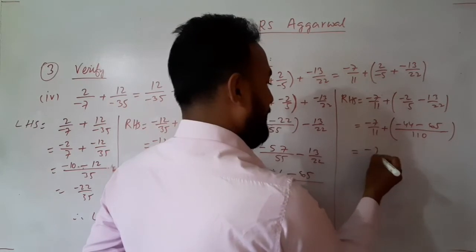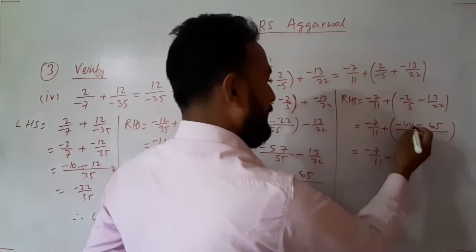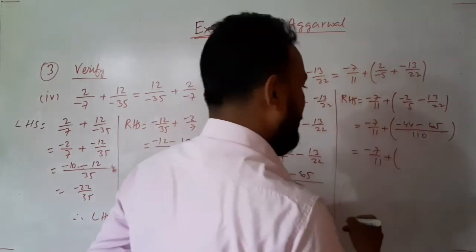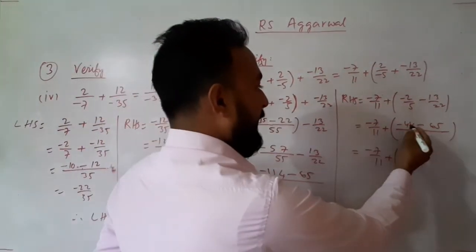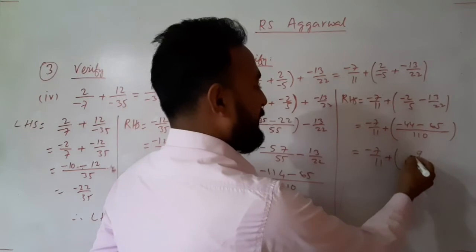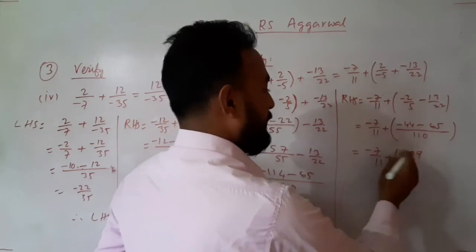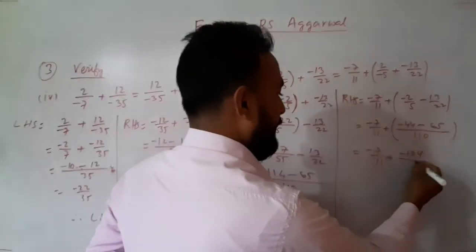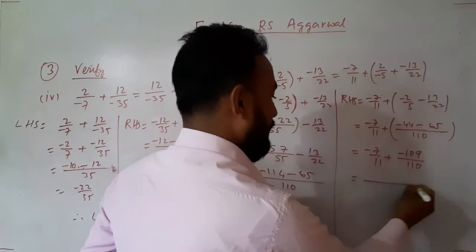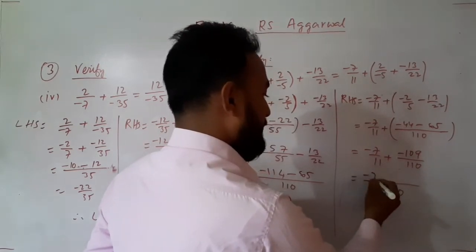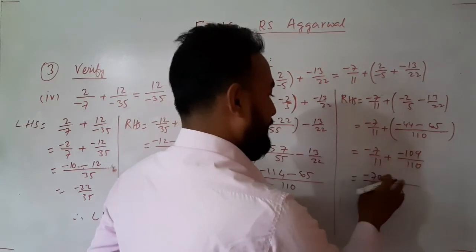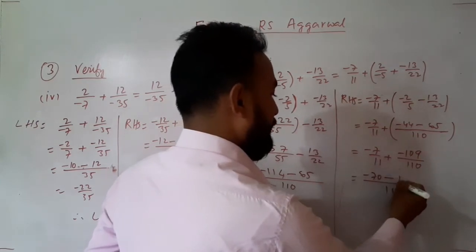So now minus 7 by 11 and plus, here you have to add, because both numbers are given in negative sign, that means you have to add here. So 5 plus 4 is 9, and 6 plus 4 is 10, minus 110. So the LCM of 11 and 110 is 110 again. 11 10s are 70, plus minus 110.